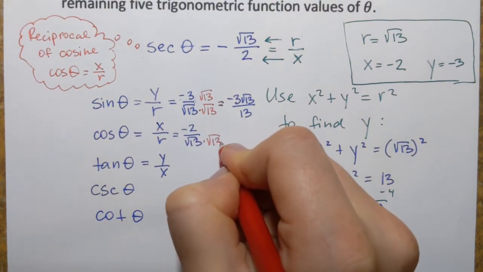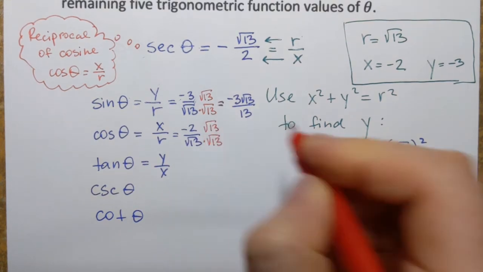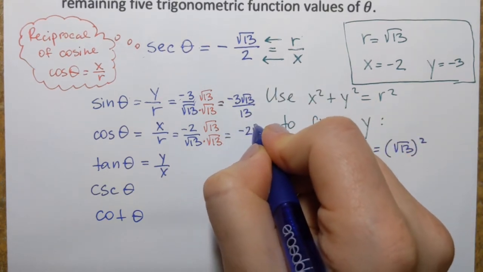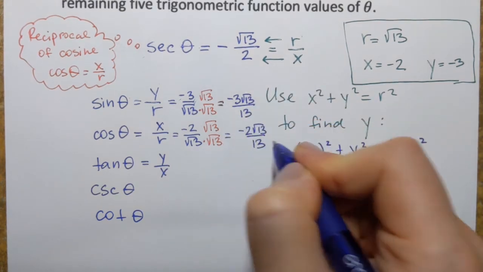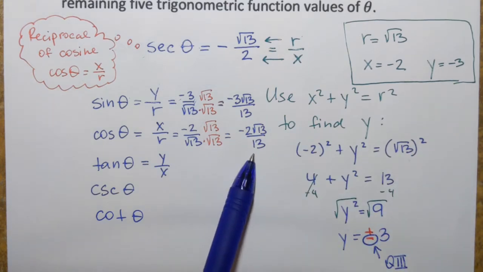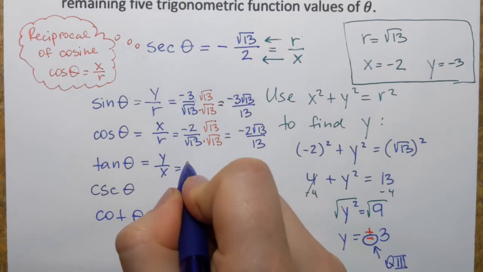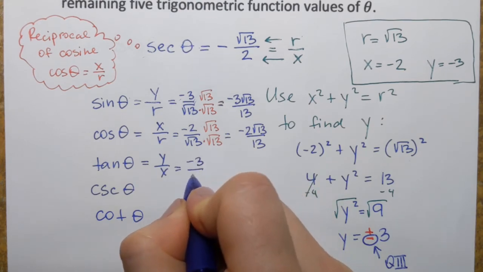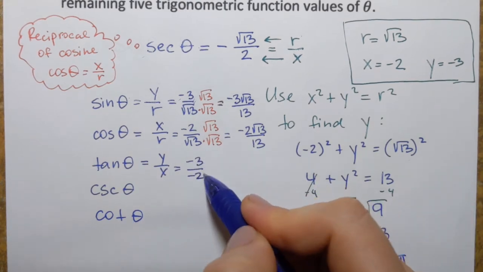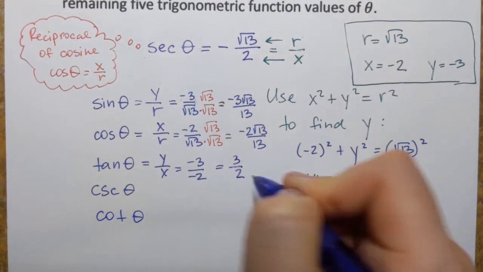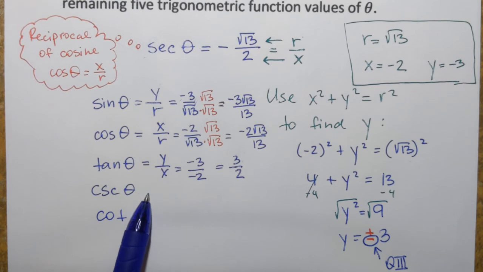I'm rationalizing the denominator, and I'm getting negative 2 square root of 13 over 13. That's cosine. Tangent, y over x. Y is negative 3, x is negative 2. Negative over negative gives me a positive. So it's 3/2.